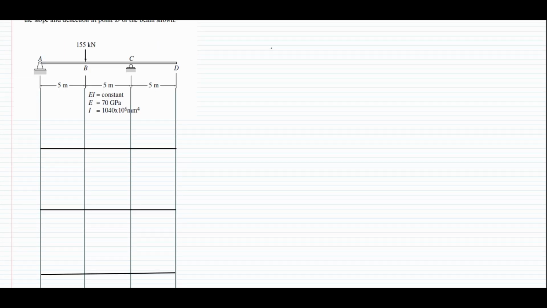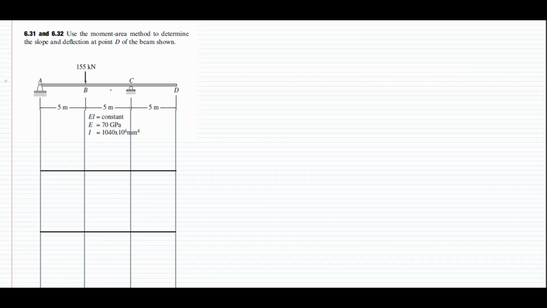Our bending moment and our conjugate beam. Now let's find our reactions. So you're going to have your RA and your RC. Let's take our sum of moments at A, clockwise positive, equals 0.